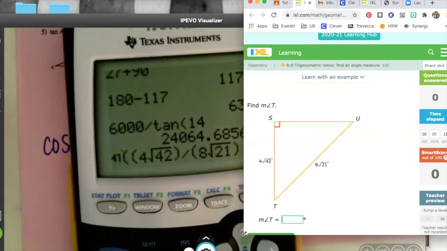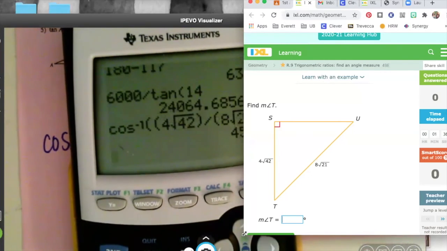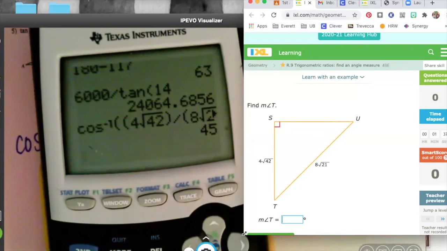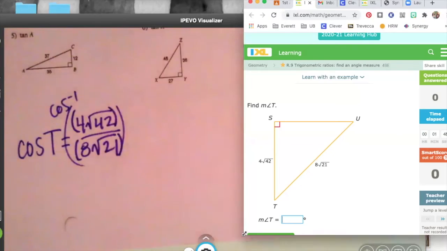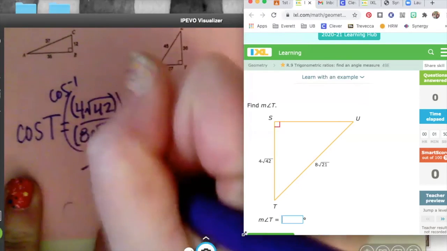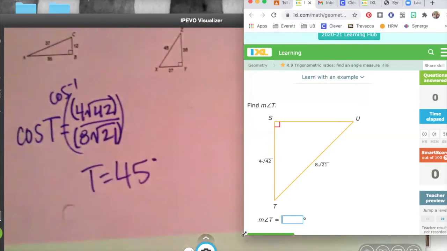And then parentheses to close my angle. And there you go, 45. It looks super ugly, but it comes out to just plain old 45, okay? So it looks harder than what we did, but it's really not. Don't make it difficult. T equals 45 degrees.